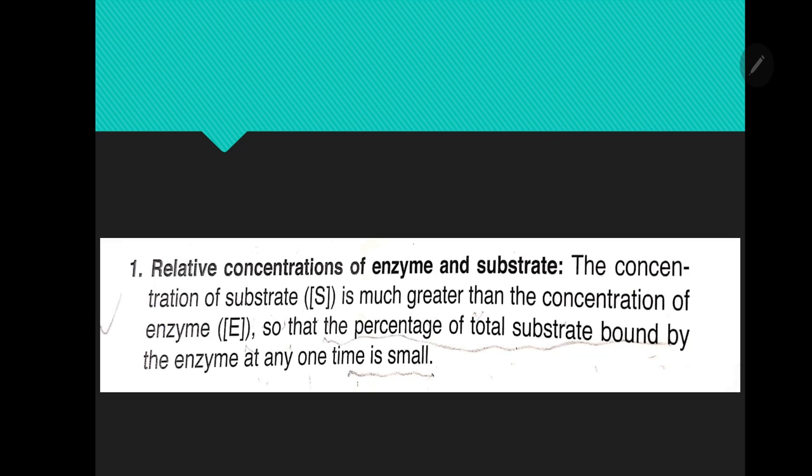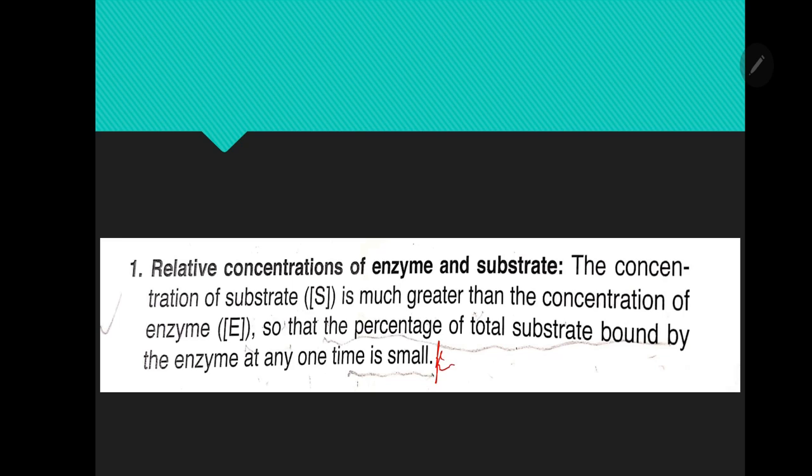The concentration of substrate is much greater than the concentration of the enzyme, then what will happen? Definitely, if the substrate is greater and the enzyme is in small quantity, the percentage of the total substrate bound by the enzyme at any time is small.